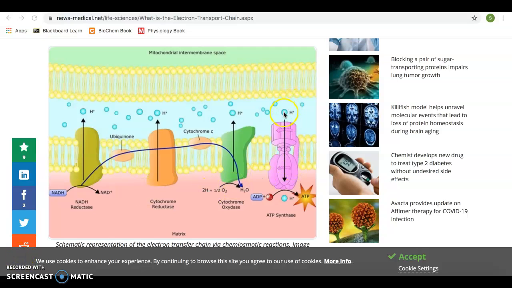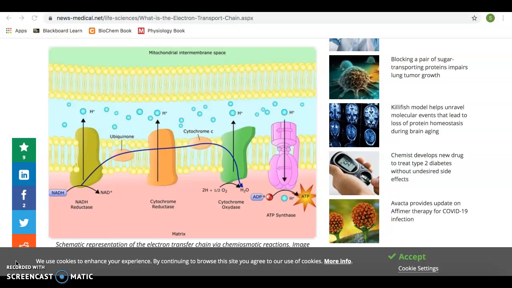But basically, these hydrogens bind to the A subunit on this, which in turn turns the C subunit and this gamma pole, I believe, and then that allows these alpha and beta units to generate ATP from ADP and phosphate using the binding change mechanism that we read about in our book.